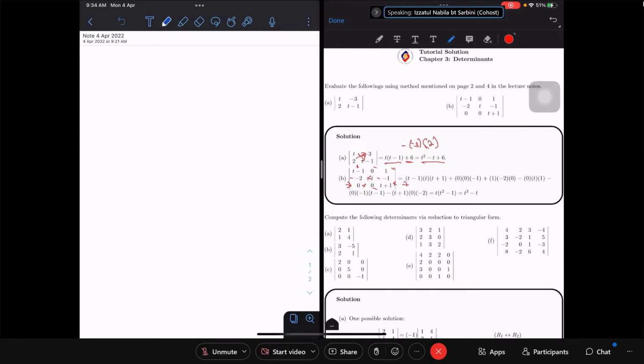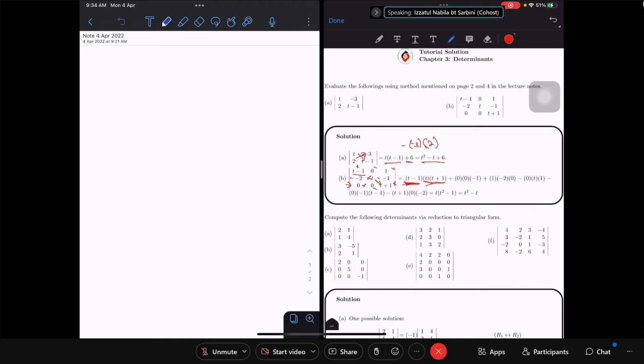If you choose the first row, it will be t minus 1. Then you cover the first row and first column, and you will have t times (t plus 1) by cross multiplication. Minus 0 because of 0 times negative 1 here, so there's no need to write it.